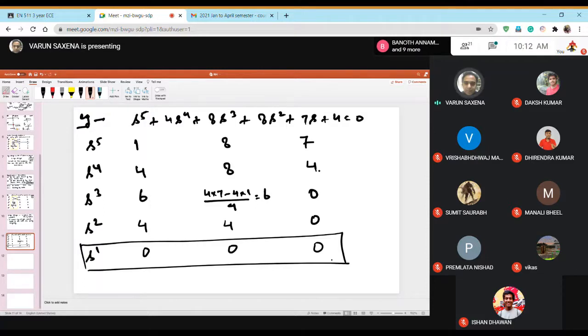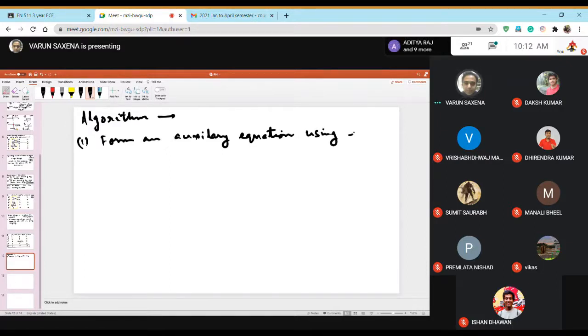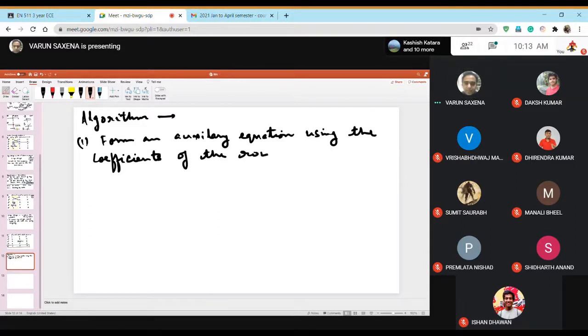So there is an algorithm that is followed, and the algorithm is as follows. We form an auxiliary equation using the coefficients of the row preceding the 0 row.